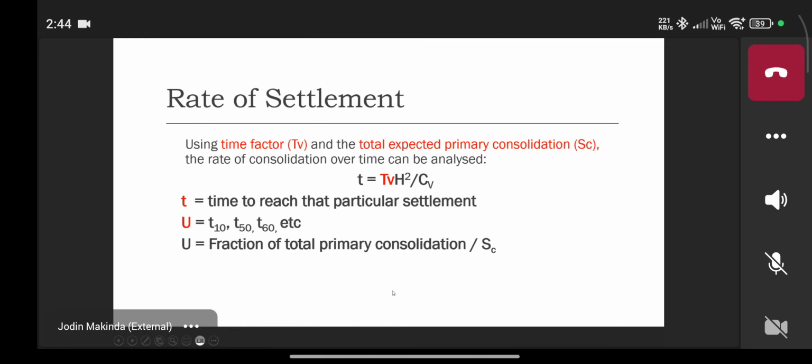If we are solving single drainage, H here is equivalent to the thickness of the clay because water flows out in only one direction. If the soil profile is permeable top and bottom, in this equation, H will become H divided by 2 because water can flow out on the top and on the bottom layer.